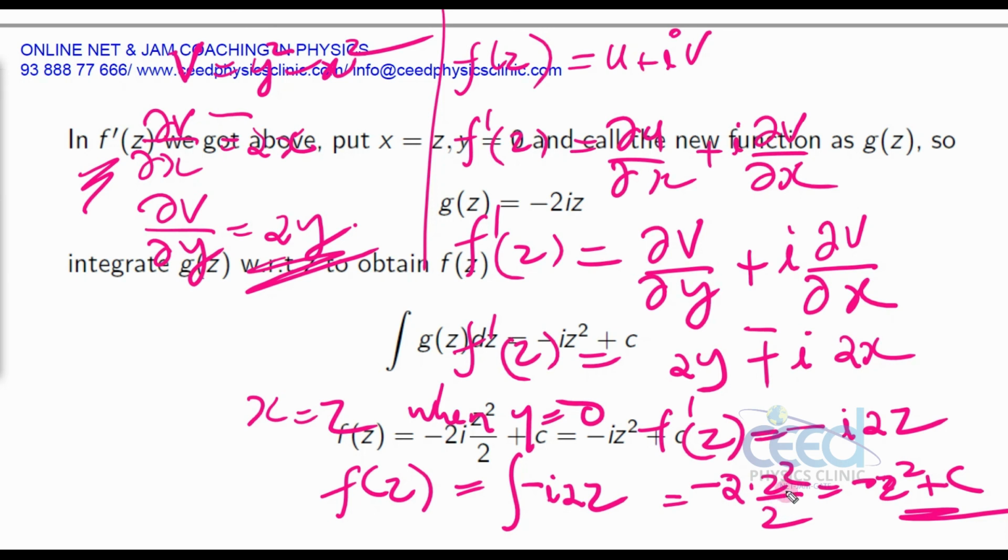That is z square by 2, so we have one more i. Okay, so the 2 cancel, so minus i z square plus c, right? So this will be the answer. So here the differentiation with respect to ∂v/∂x, here I'm really sorry.